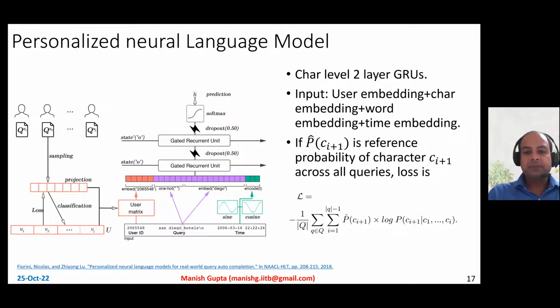So in this particular paper, the authors have proposed a character level two-layer GRU. So here is a two-layer GRU, and it's coming up with character by character predictions, the next character prediction in some ways, right? The input actually consists of the user embedding part, which is super important, right? Which is different from the previous works, right?